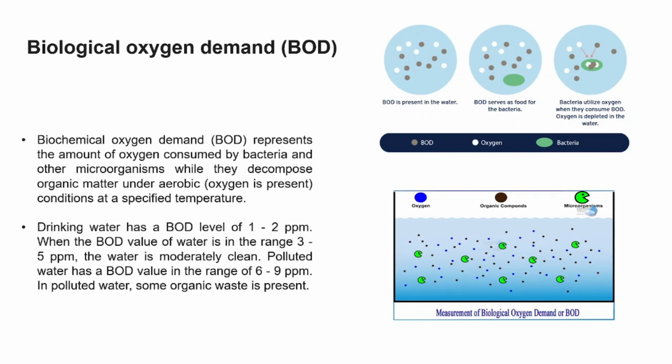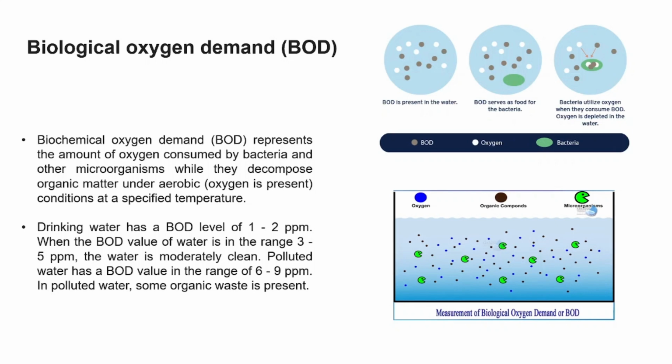When the BOD value of water is in the range of 3 to 5 ppm, parts per million, the water is moderately clean. But polluted water will have a BOD value in the range of 6 to 9 ppm. A BOD value of 6 to 9 ppm means there's a huge oxygen demand. That's because the oxygen already present has been consumed by the microorganisms present in the sample. So it shows that the microbial load is very high in polluted water.